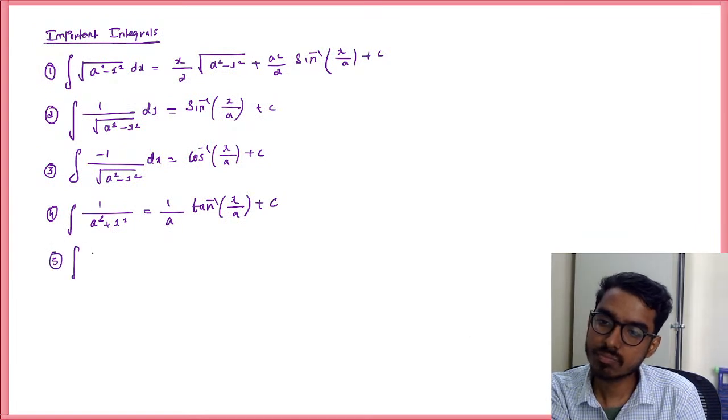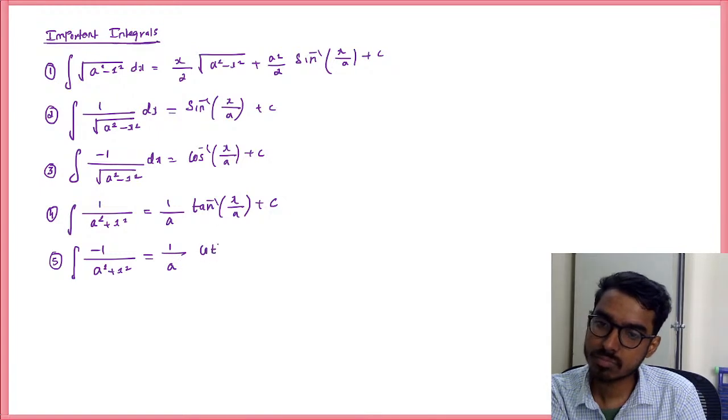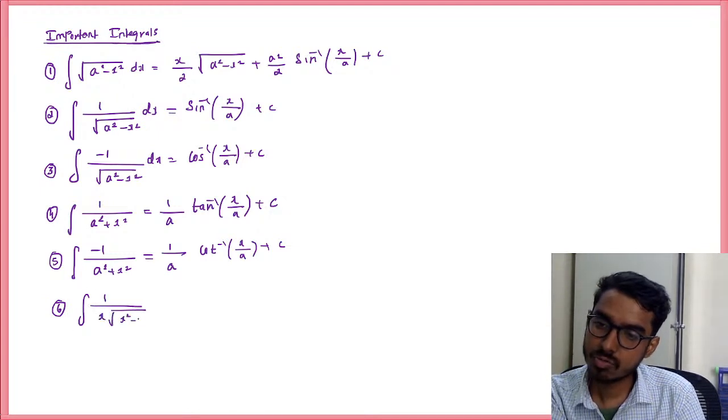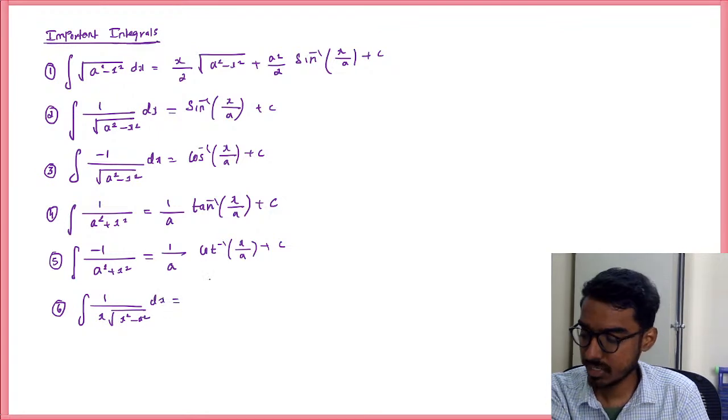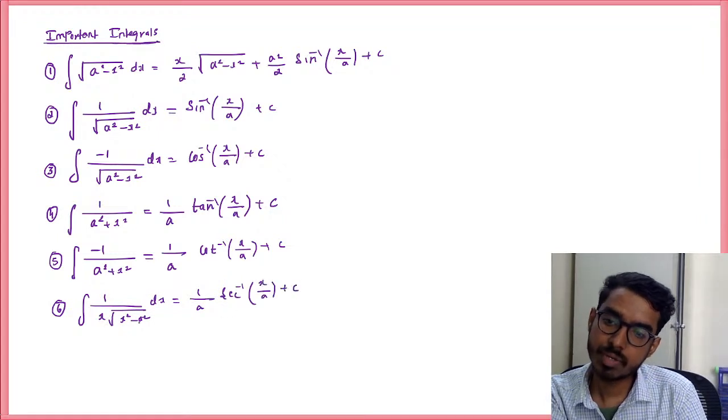Fifth is integration of minus 1 divided by a square plus x square, which will be 1 by a cot inverse of x by a plus c. Integration of 1 divided by x into root of x square minus a square dx will be 1 by a secant inverse of x by a plus c.